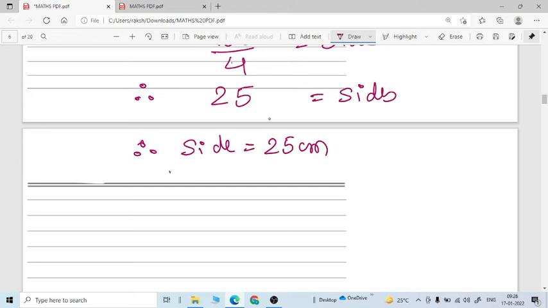That is, AD is 25 centimeter and, sorry, AB is 25 centimeter.